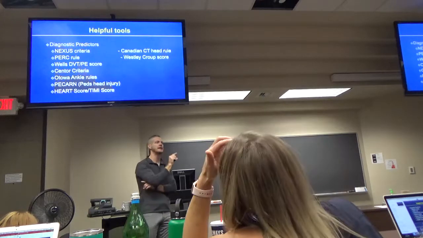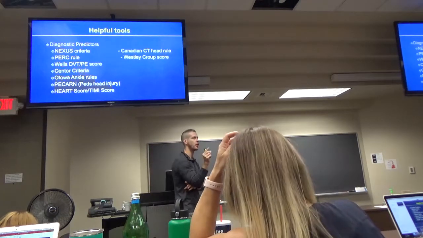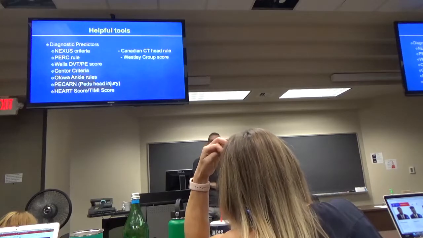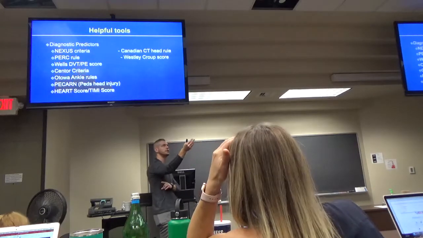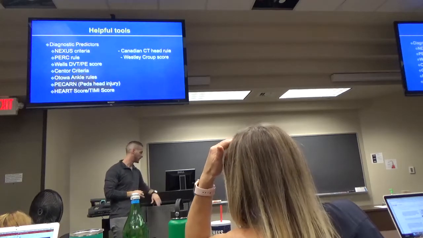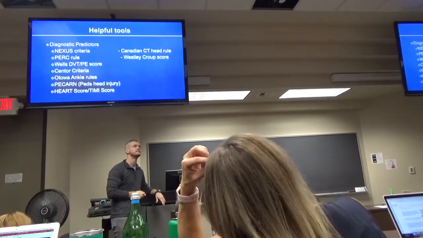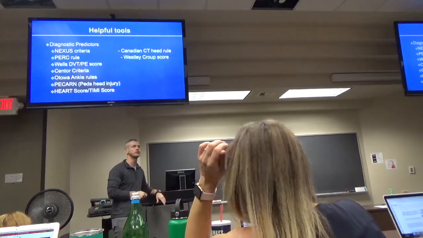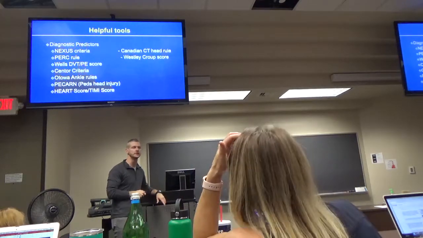These help you think as little as possible because smarter people than you and me have done the thinking for you and put it into a little algorithm, so that you can help rule in and rule out different conditions, right?